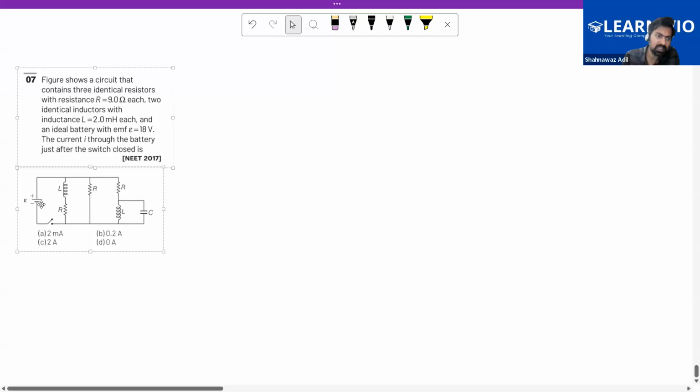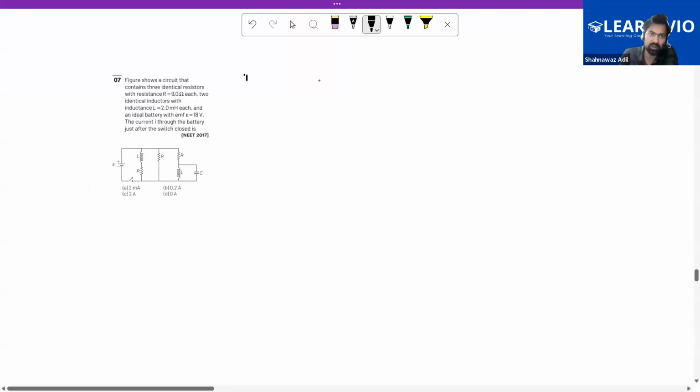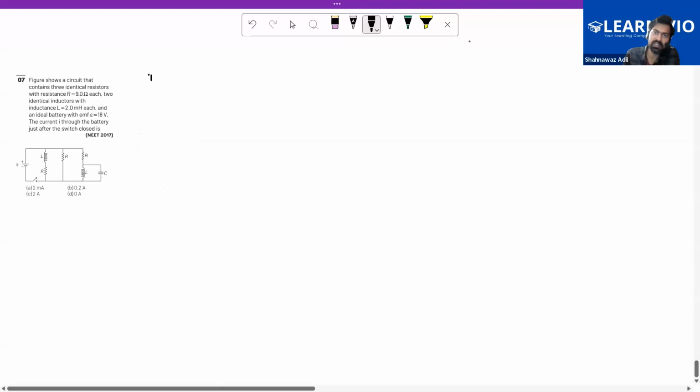Right, so this is what kind of supply? This is a DC supply.